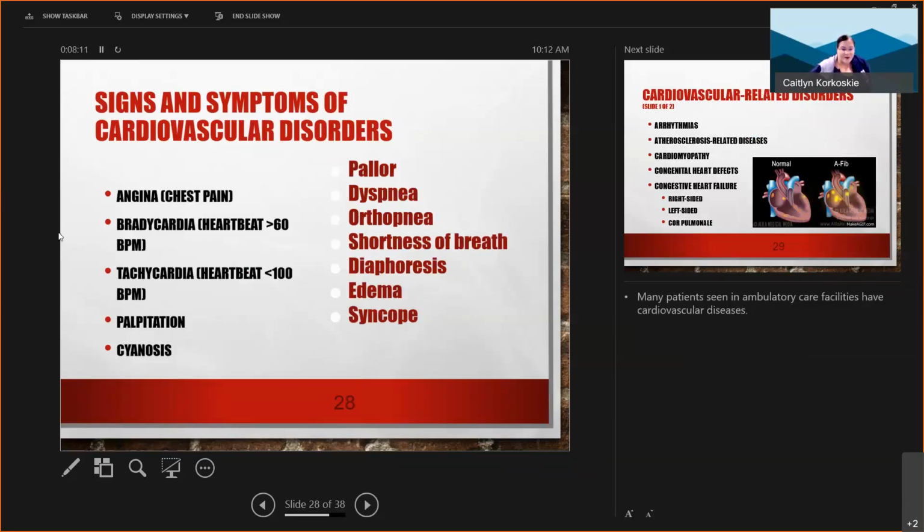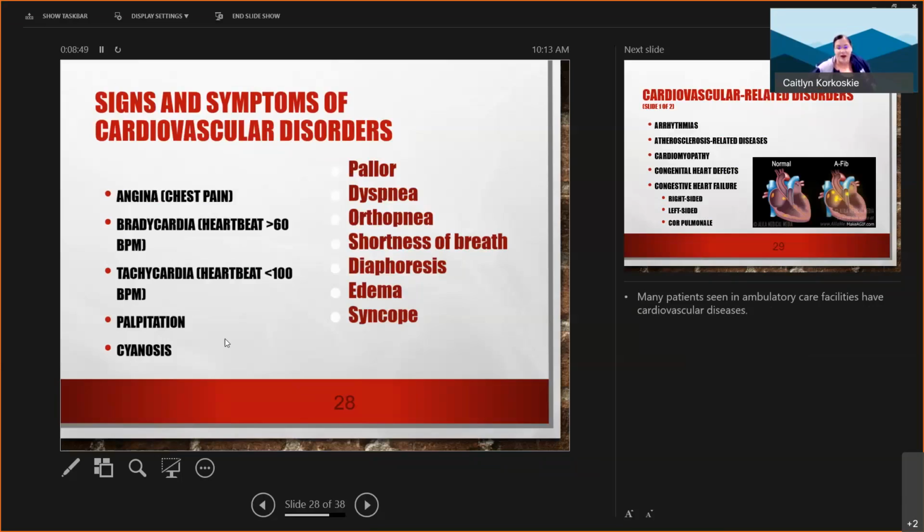Bradycardia is when their heart rate is below 60, and tachycardia is when their heart rate's above 100. The thing to consider with tachycardia, though, is if the patient had been resting or if they just came in from a run, because if they just came in from some activity and their heart rate is over 100, it could just be because as you are doing different activities, your heart starts to beat faster, so that it can give the body oxygen and nutrients it needs before it's depleted in those areas.